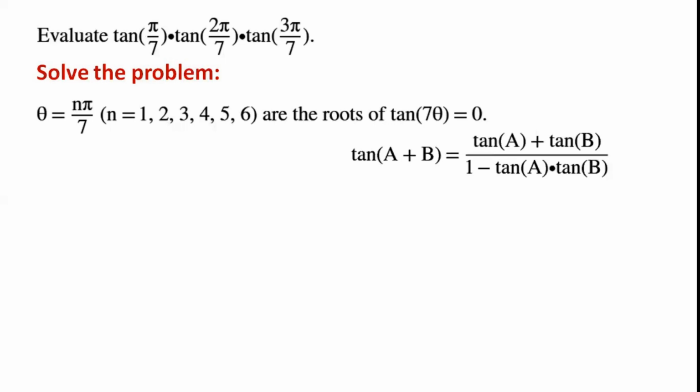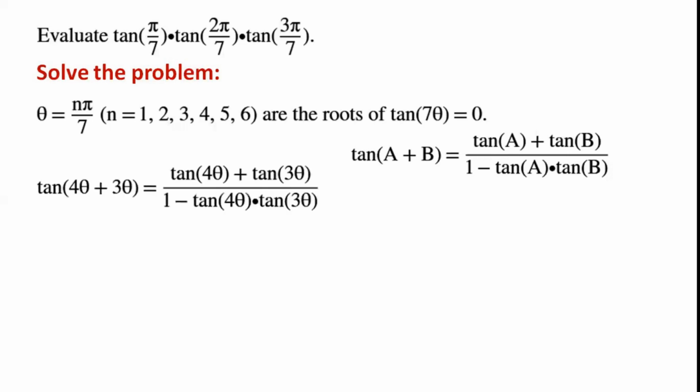Addition formula: tan of a plus b equals tan a plus tan b over 1 minus tan a times tan b.